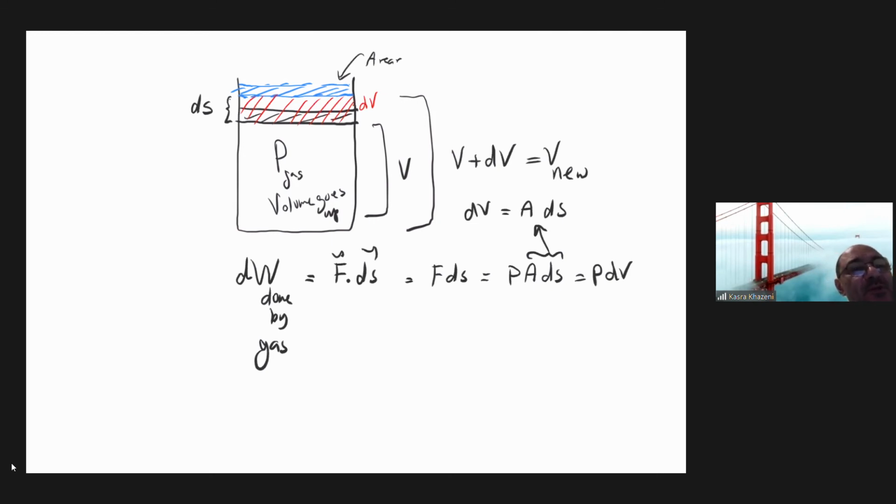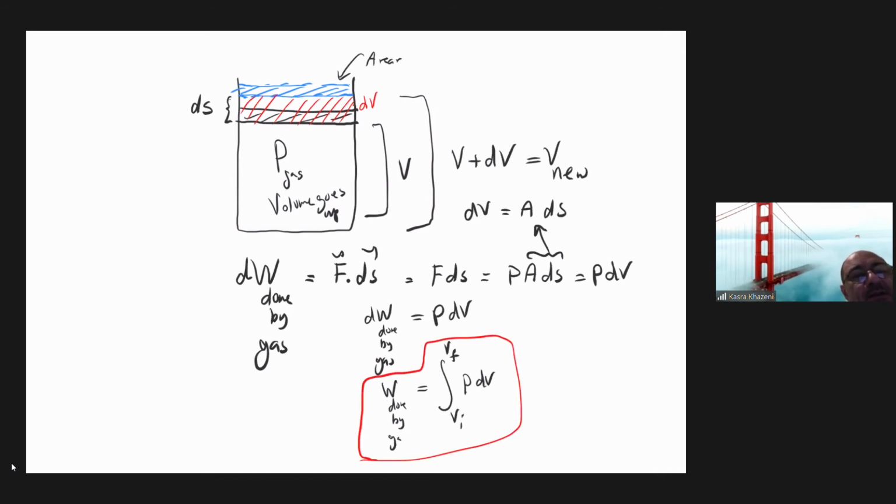So dW, done by the gas, is equal to P dV. So the total work done by the gas is therefore the integration of P dV from the initial volume to the final volume. All right, so that's the amount of work done by the gas.